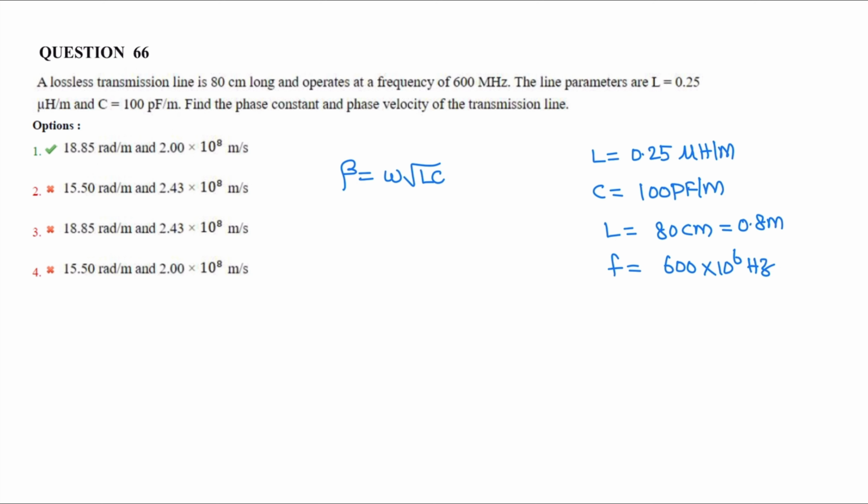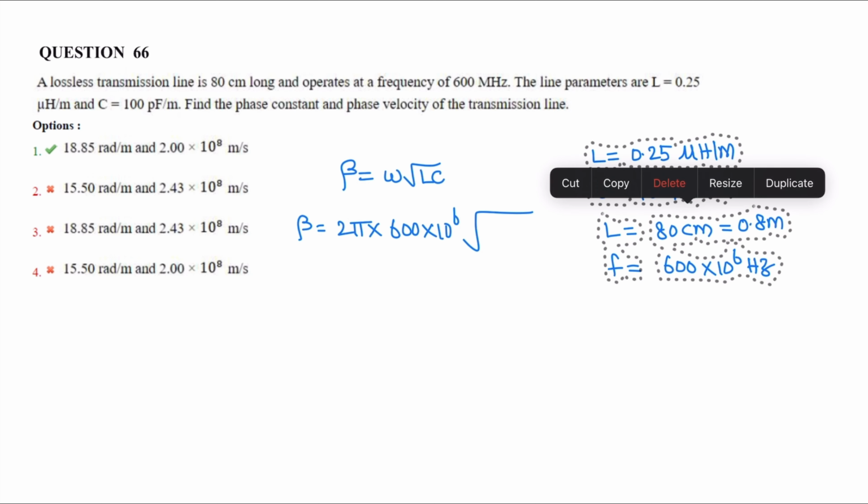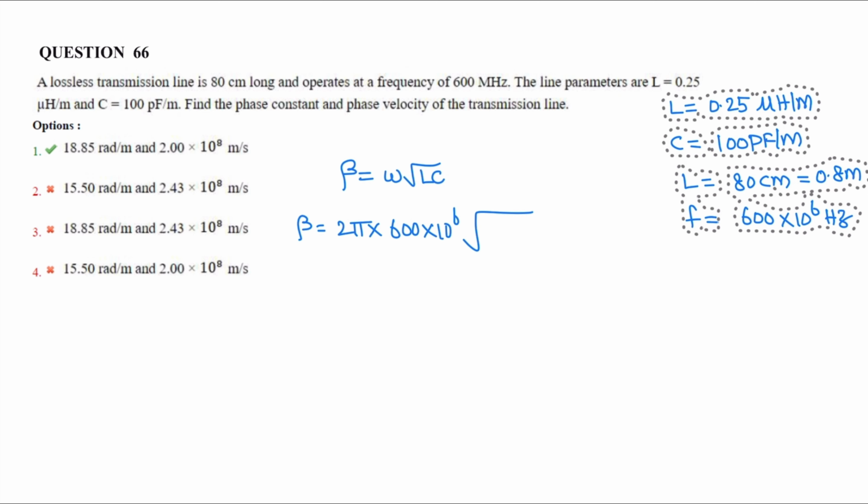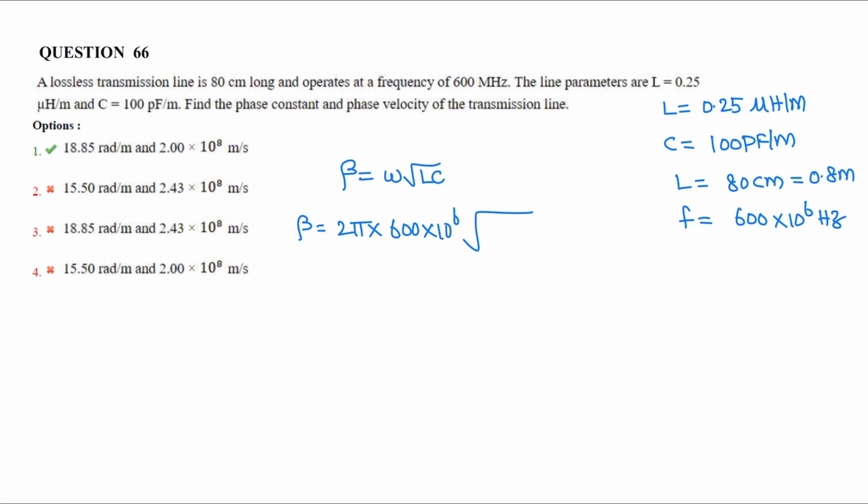Phase constant beta is omega root LC, that is 2 pi f, which is 2 pi times 600 into 10 power 6, times square root of L into C. L is 0.25 micro, 10 power minus 6, and C is 100 pico, 10 power minus 12.